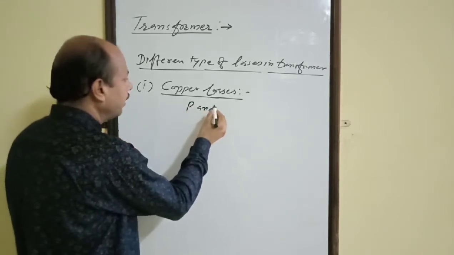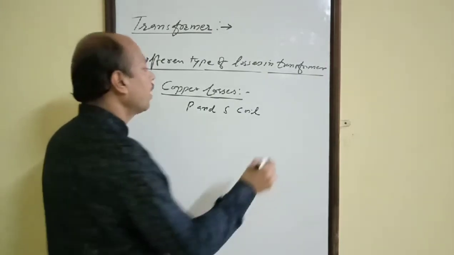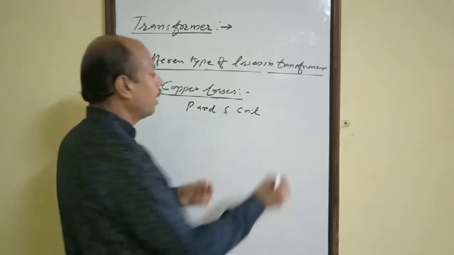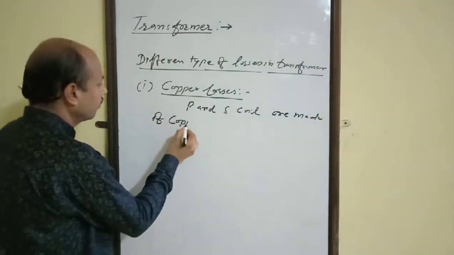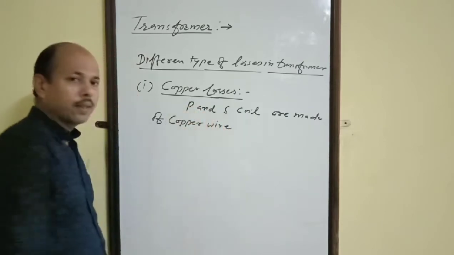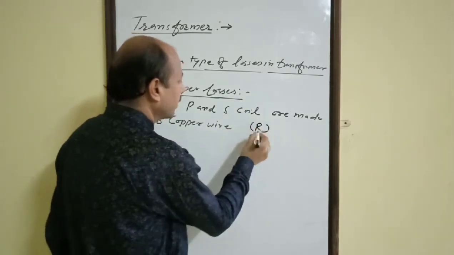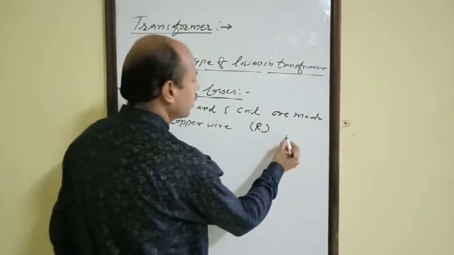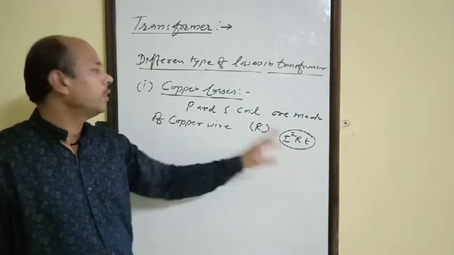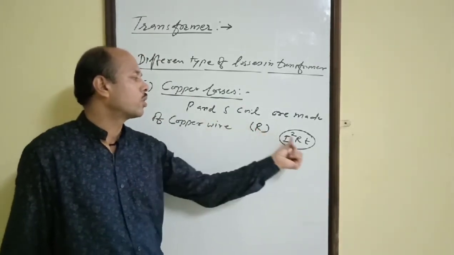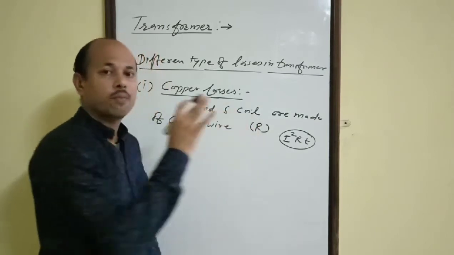Since primary and secondary coil are made of a conducting wire, which is generally copper wire, and copper wire has finite resistance, therefore according to Joule's law of heating, I square RT, there will be some losses due to this resistance, because resistance of copper is not zero. Resistance of copper has a finite value.